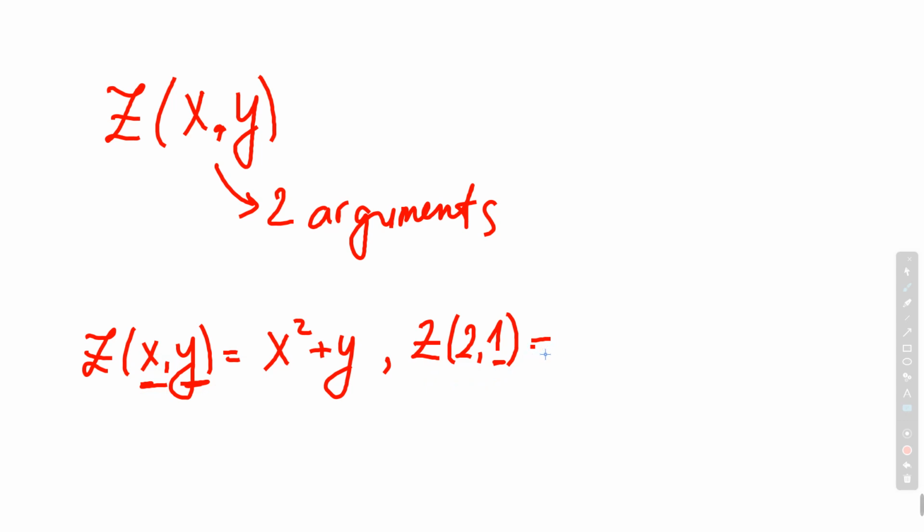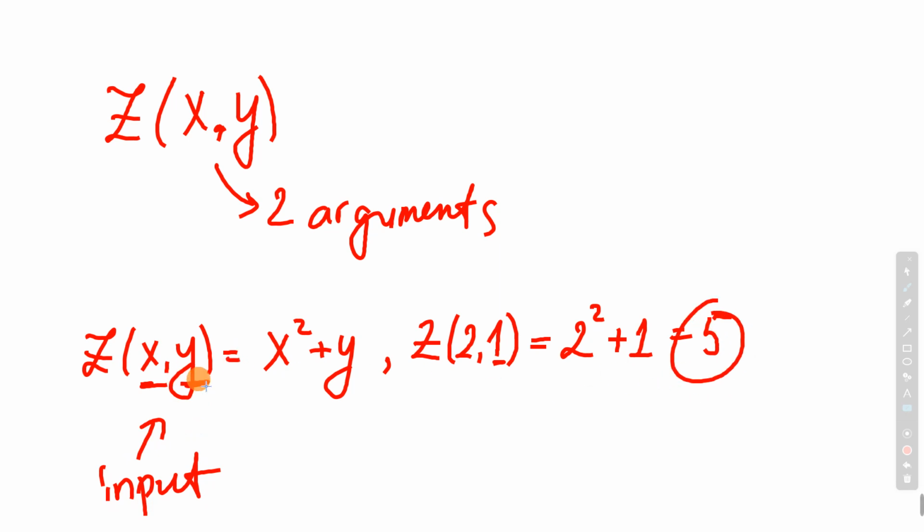So 2 is x, so 2 squared plus y. Y is 1 here. So the answer is 5. So x and y are inputs here, and z is the output.